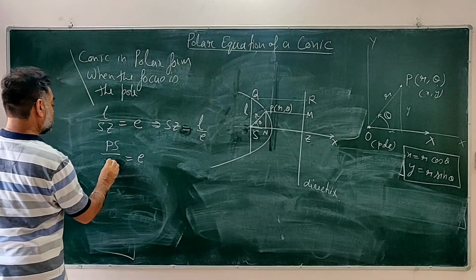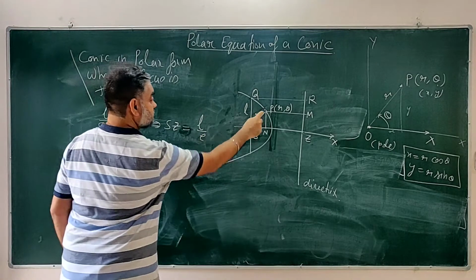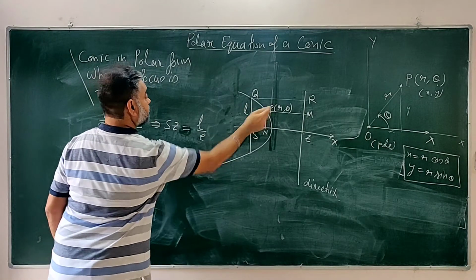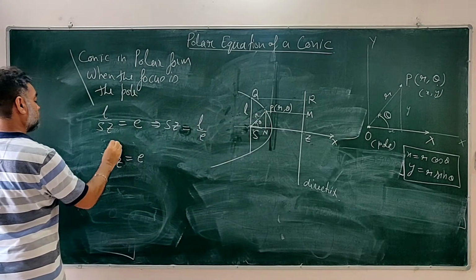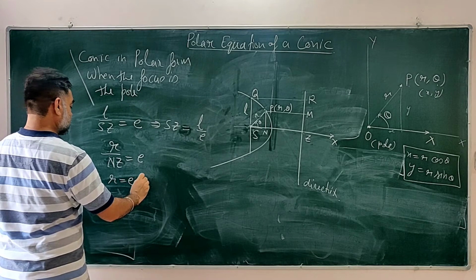So PS over NZ is equal to E, and PS is small r, the polar coordinate r. So r over NZ is equal to E, so r is equal to E times NZ.